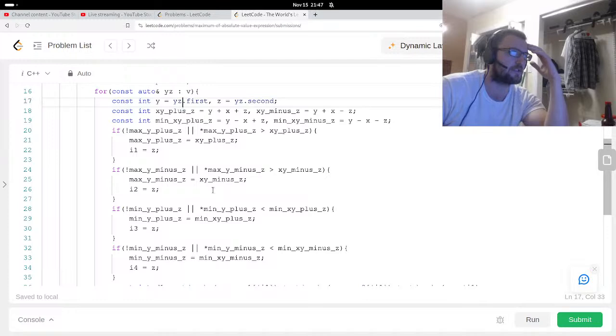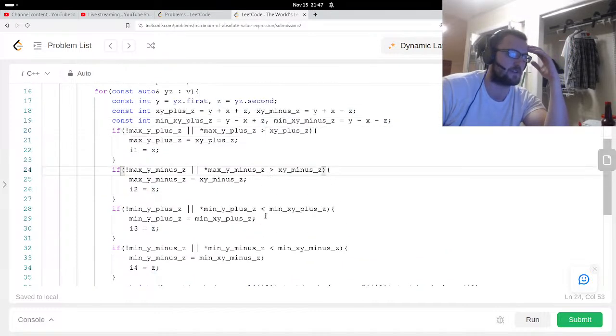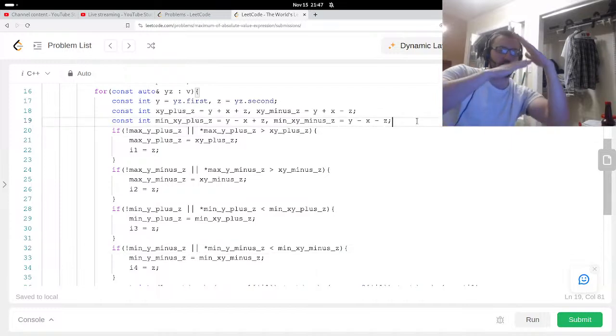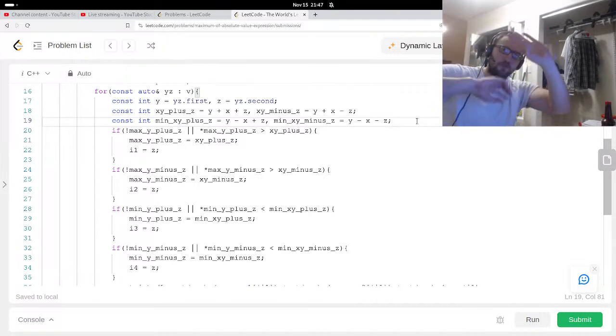So here are the updates: x plus y plus z, x plus y minus z, y minus x plus z, y minus x minus z, and then there's greater than, less than, less than. It creates sort of like a line. You do y plus x and y minus x and all of that, and one is min, one is max.